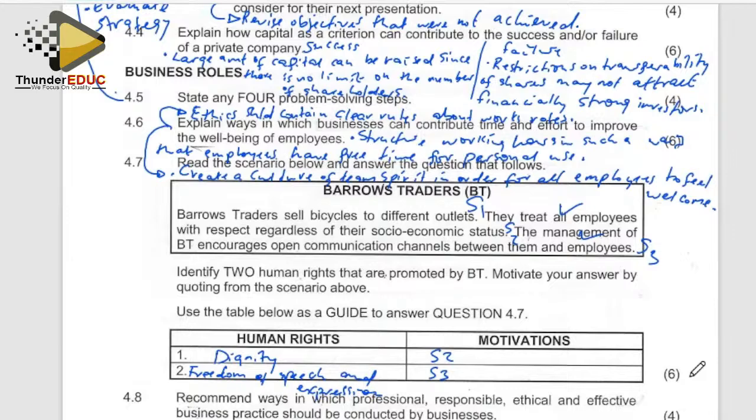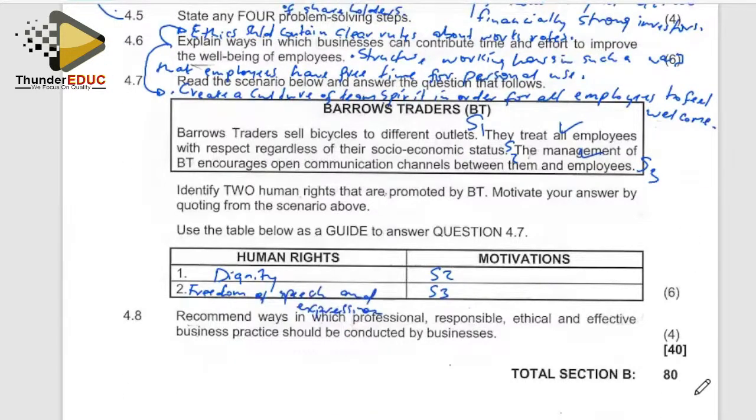So now let's move on to 4.8. 4.8 reads as follows. Recommend ways in which professional, responsible, ethical, and effective business practices should be conducted by businesses. So businesses must plan properly and put preventative measures in place. Also, mission statement should include values of equality.